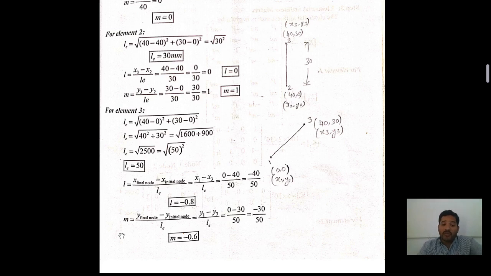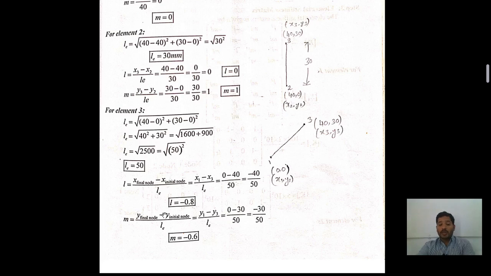Again the same concept we need to follow for the M. M is also called sin theta. M is equal to sin theta is equal to y final node minus y initial node by LE. So y final node is how much here? The final node is y1 minus y3. y1 value is 0 minus y3 value is 30 by LE, which is 50. 30 by 50 becomes minus 0.6.